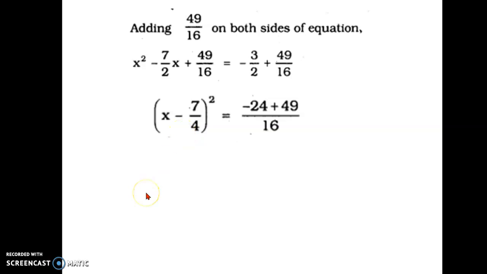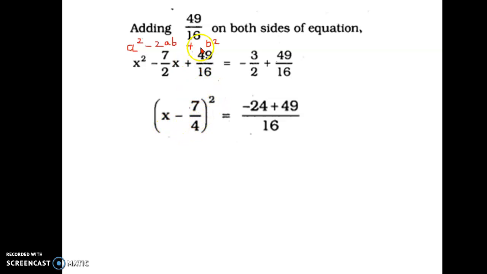Understood? So how does this come? For your reference I have written it here. This is a square, this is minus 2ab, and this is b square. So it can be written as a minus b the whole square.